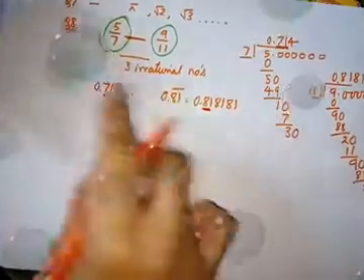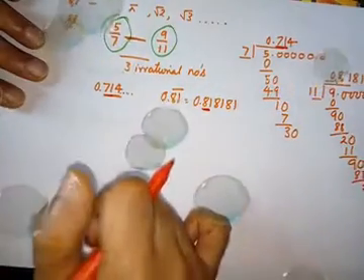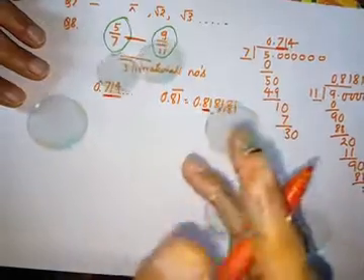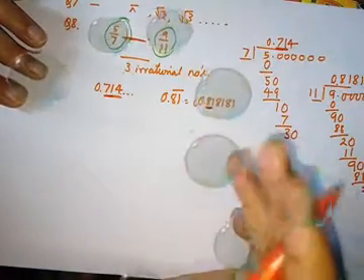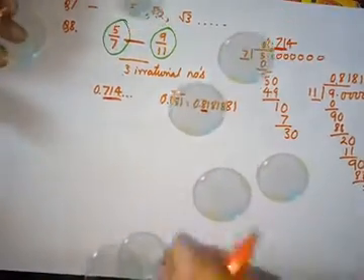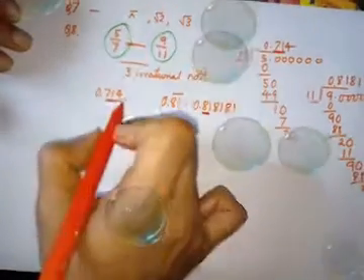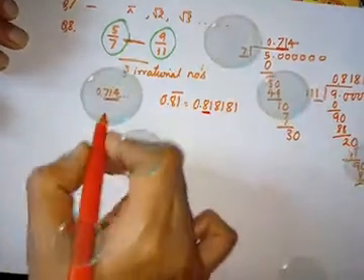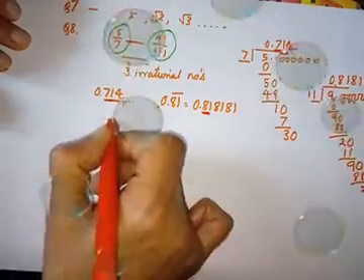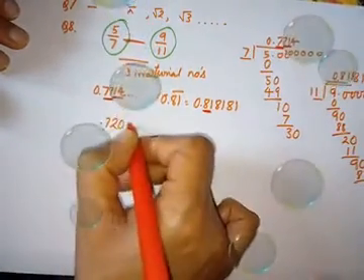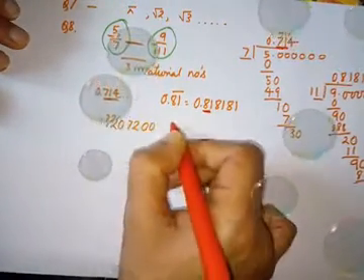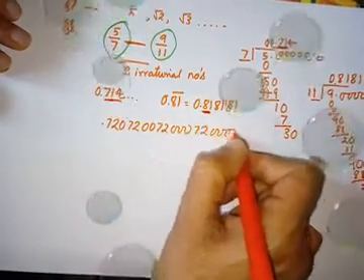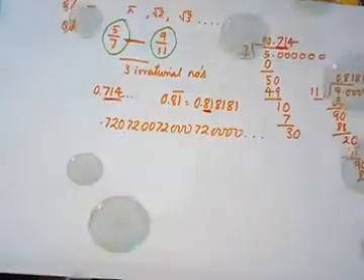Now we have to find irrational numbers between these two. So we know irrational numbers are non-terminating, non-repeating, means they neither terminate nor have a specific pattern. So what we will do, I will leave altogether 71, because I don't know what the next digit is. So I can write the next number as 0.72, 0.7200, 0.72000, 0.720000, and so on.